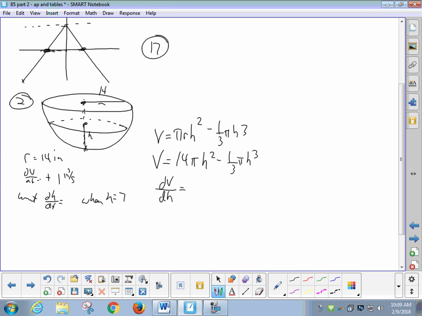It's how volume changes as height changes. No, it is a time component because it's related to rate. dV/dt, volume changes with time. Something like 28 pi h as h changes with time. You're probably good from there. Factor out dH/dt and divide over and substitute, however you choose to do it.